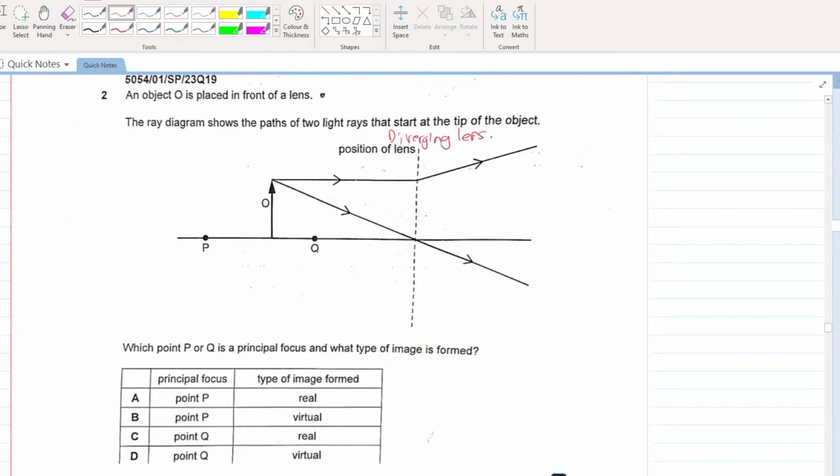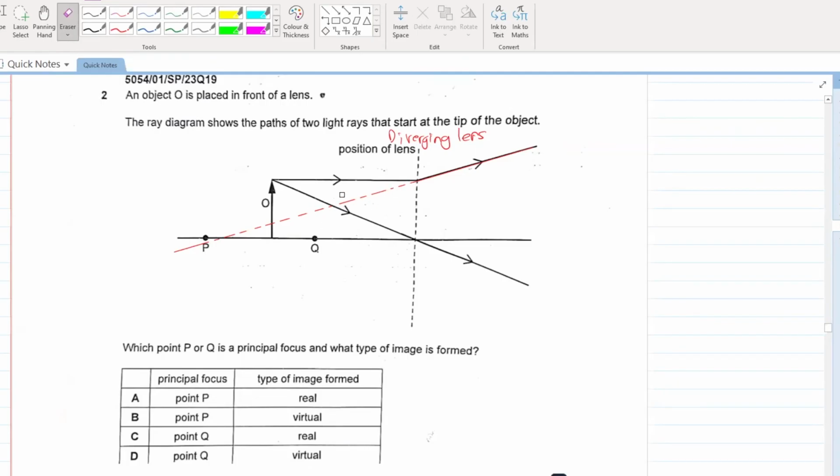In a diverging lens, if you extend this line that is parallel to the principal axis, you will get an imaginary line that passes through the principal focus or focal point.